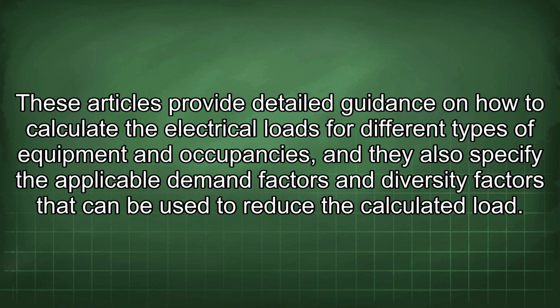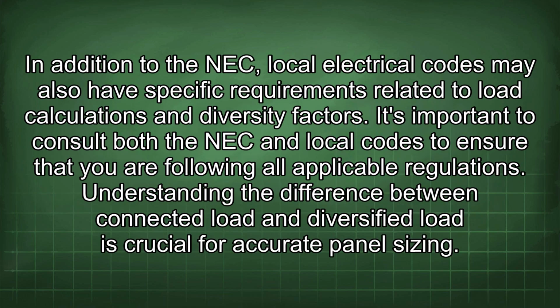These articles provide detailed guidance on how to calculate the electrical loads for different types of equipment and occupancies, and they also specify the applicable demand factors and diversity factors that can be used to reduce the calculated load. In addition to the NEC, local electrical codes may also have specific requirements related to load calculations and diversity factors. It's important to consult both the NEC and local codes to ensure that you are following all applicable regulations.